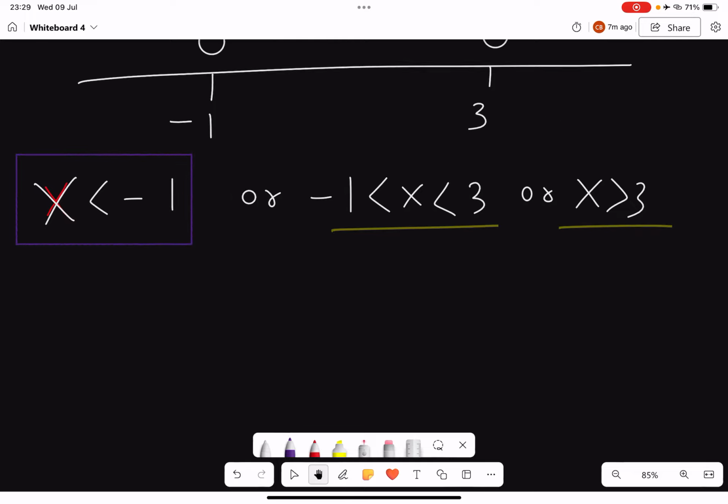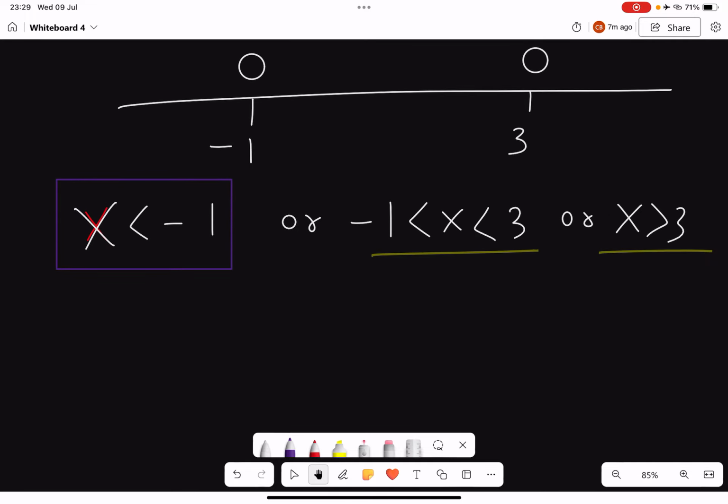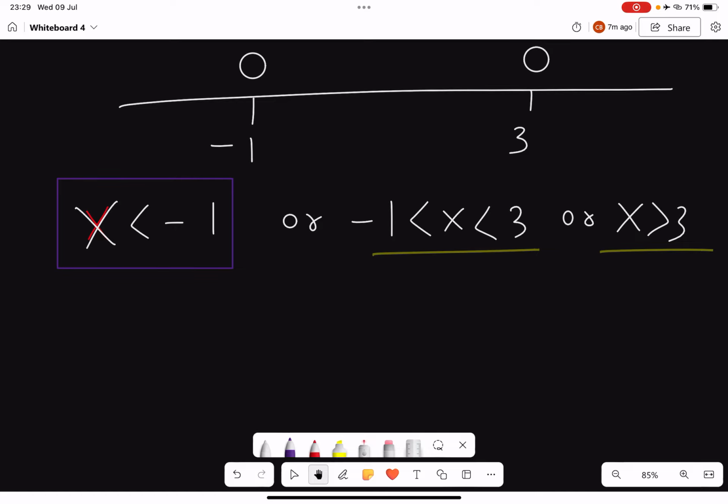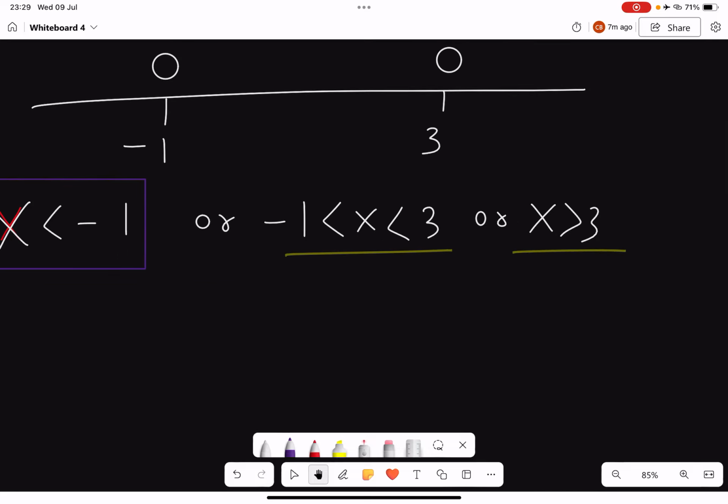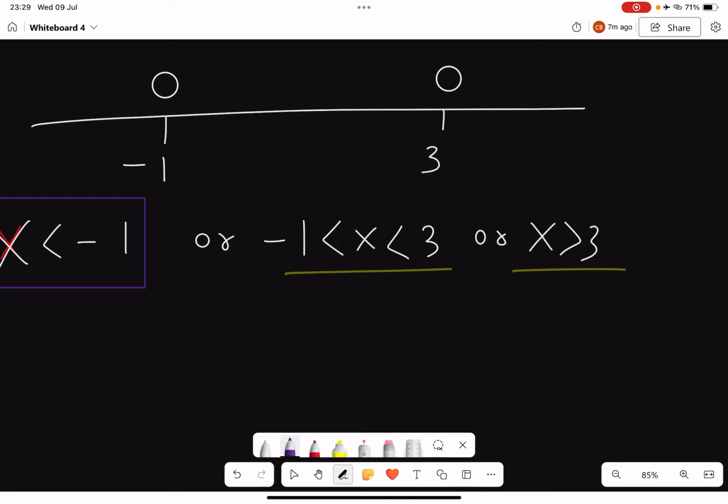Let's now pick any number between -1 and 3. The easiest one is 0. Now let's substitute that into our equation. It's going to be 0 squared, -2(0), -3.